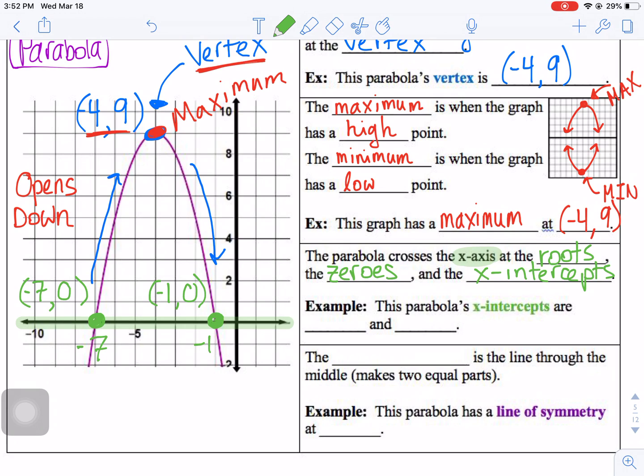So for our notes on the right, this parabola's x-intercepts are -7, 0, and -1, 0.